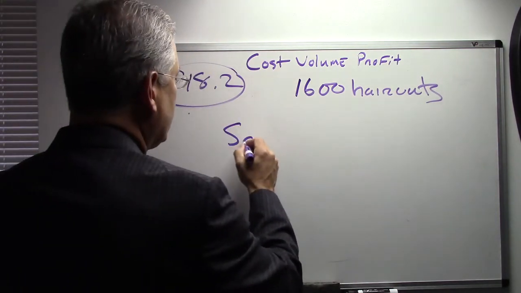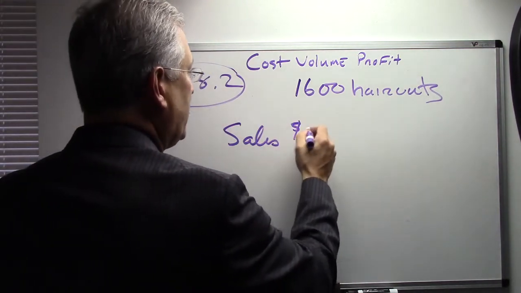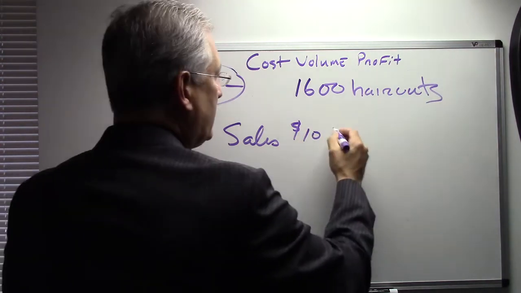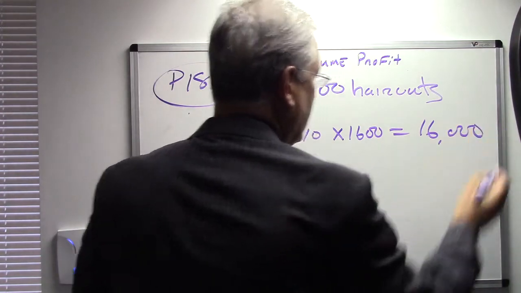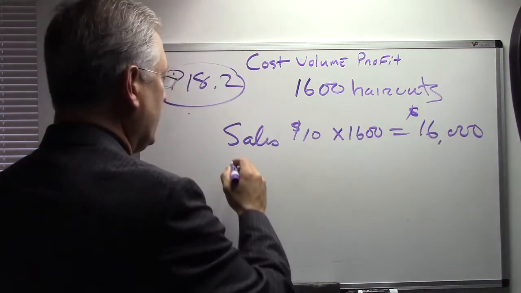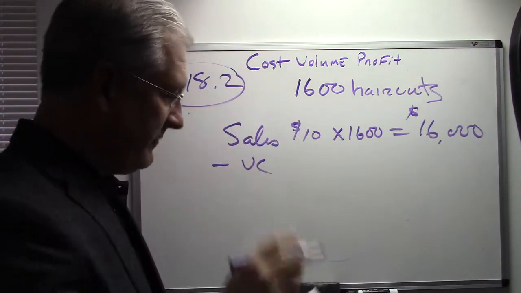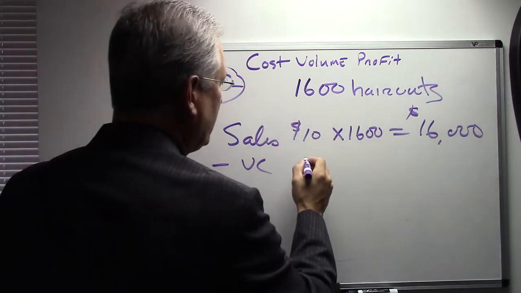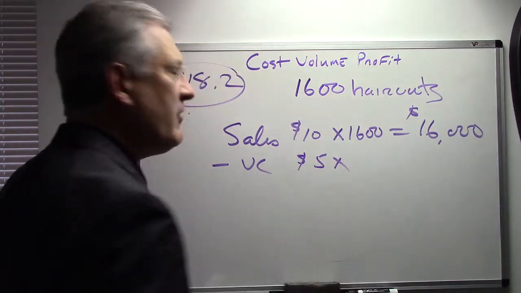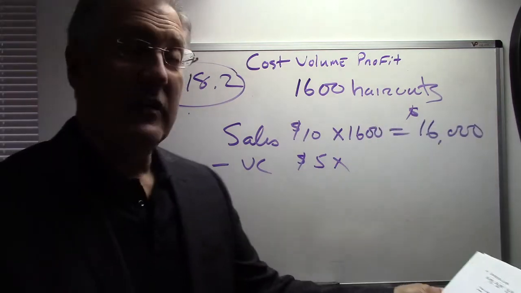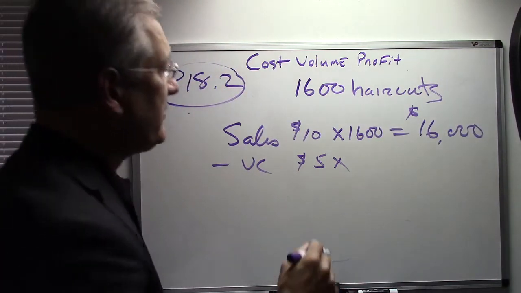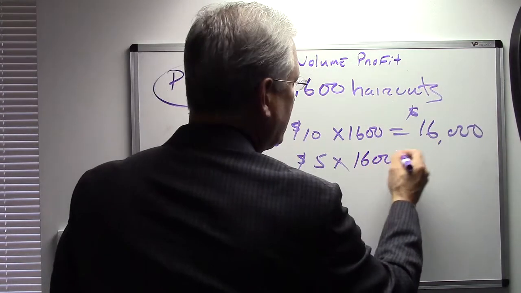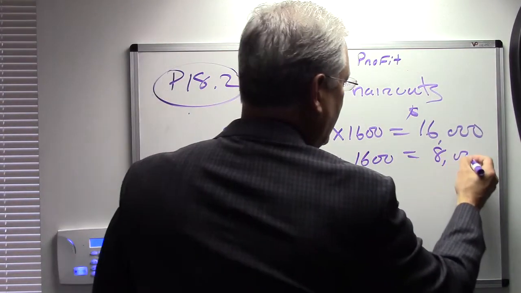Sales are $10 per haircut times 1,600 haircuts, which equals $16,000 in sales. Less the variable cost of $5. And remember, if sales are based on 1,600 haircuts, the variable cost must also be based on 1,600 haircuts. That's $8,000.